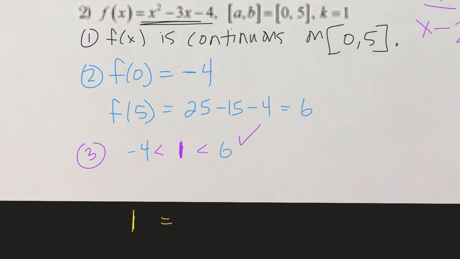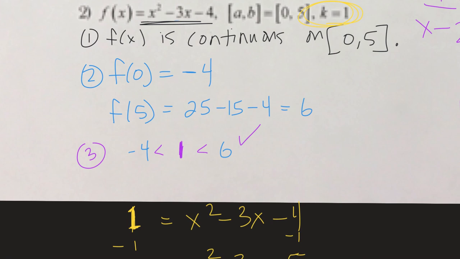1 equals x squared minus 3x minus 4. Okay, we want to know what is our x value when our y value is 1. So we're going to make this into a quadratic by subtracting 1 from both sides. 0 equals x squared minus 3x minus 5.